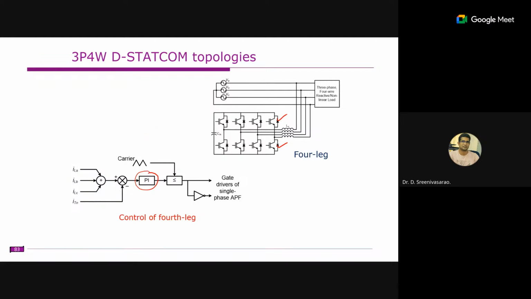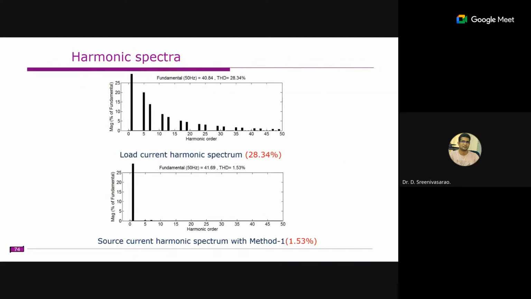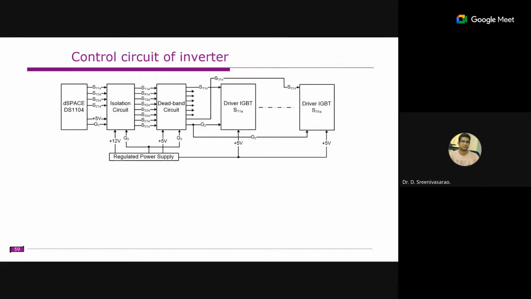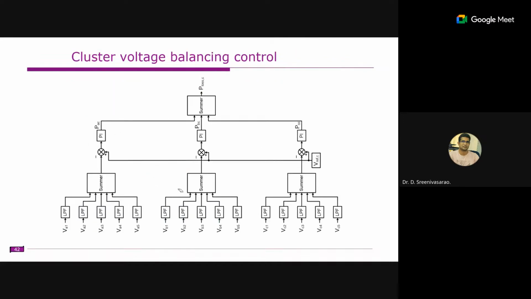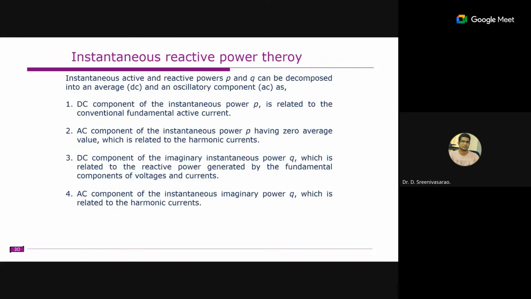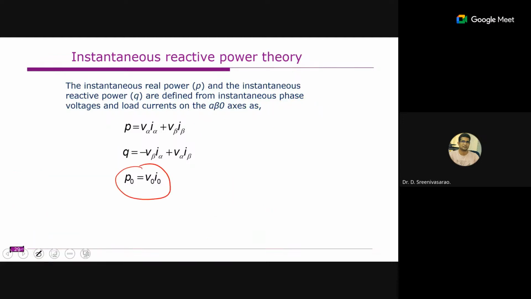So in case of split capacitor, in the control itself, one thing we need to understand is the zero sequence voltage or the neutral current being present, right? In case the neutral current is present, this is not zero. It is zero only when it is balanced. If it is unbalanced, you will get some zero sequence power.